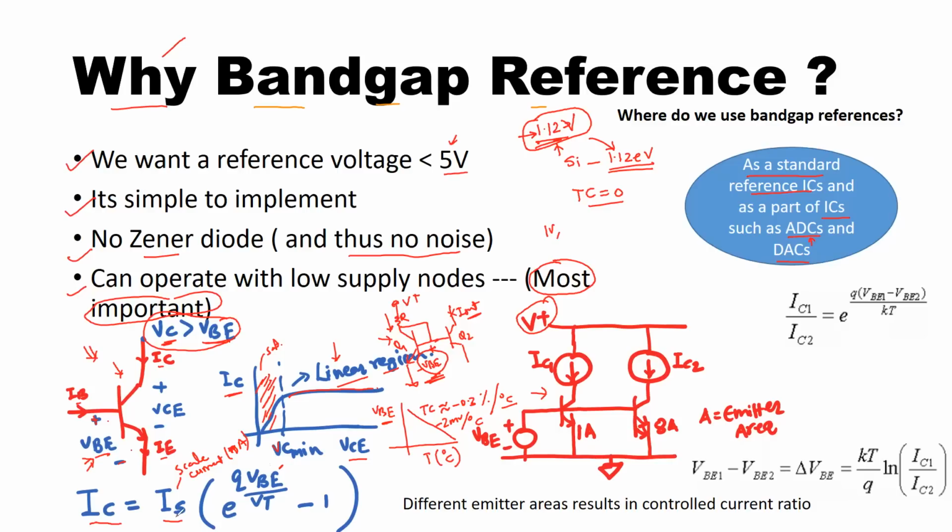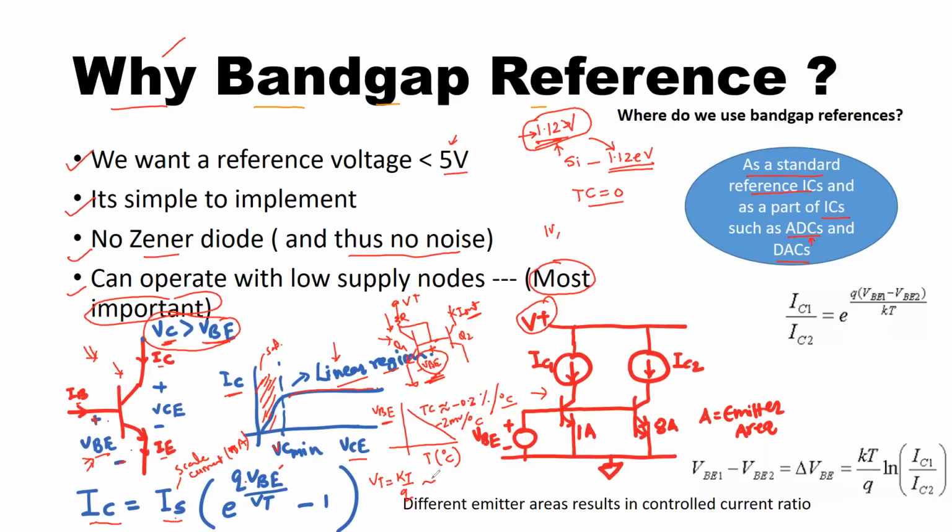It is the reverse saturation current through a PN junction, and then exponentially q times VBE divided by VT. And VT is your thermal voltage given by kT over q.